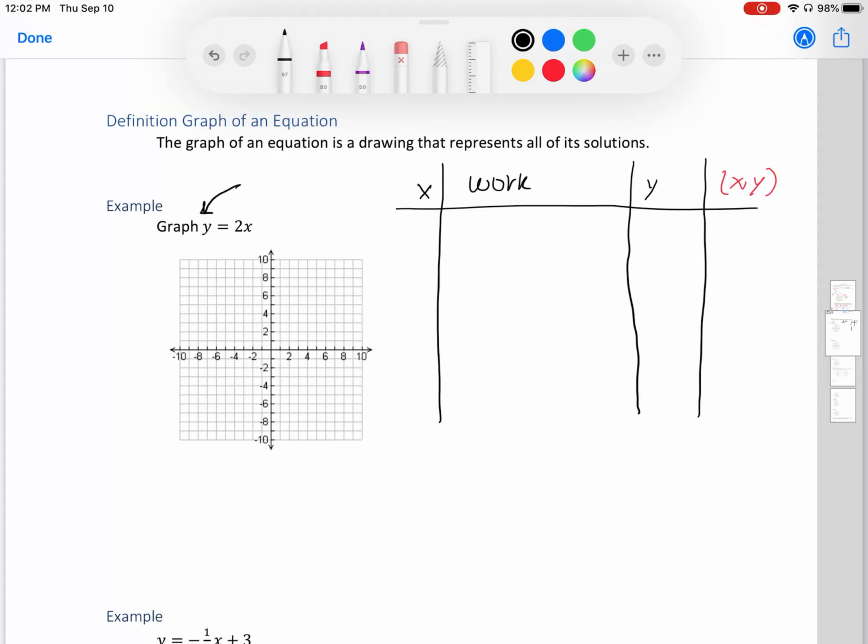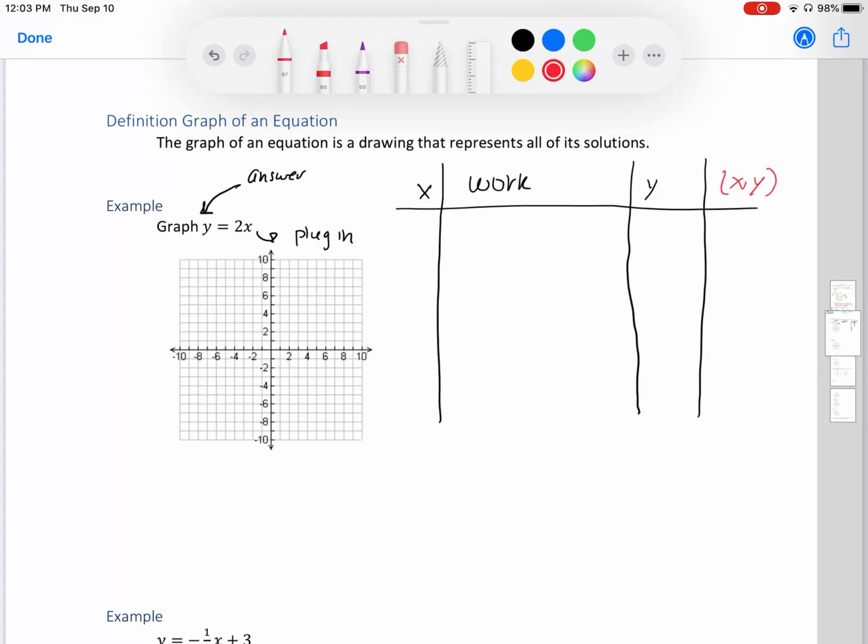Now, we can work however we want. However, we see that our answer will always be y, so it's up to us to plug in some value for x. What do we plug in for x? You can plug in whatever you like. I think a safe way, to make sure you have plenty of points and a good representation of your graph, is to pick some positive, some negative, and maybe 0.